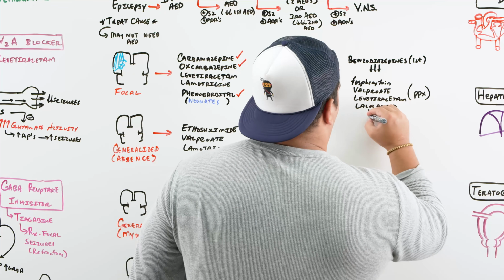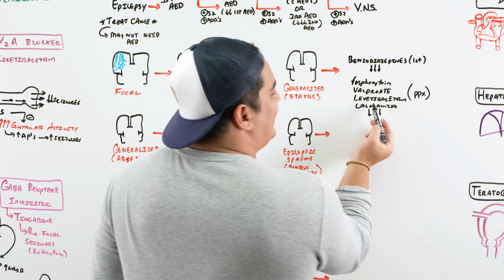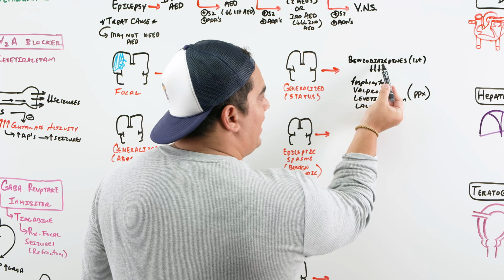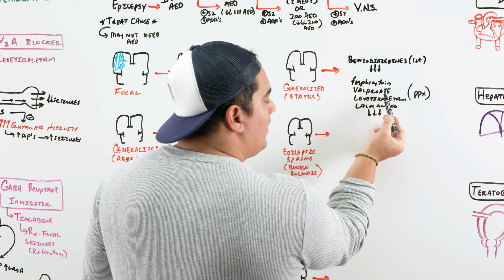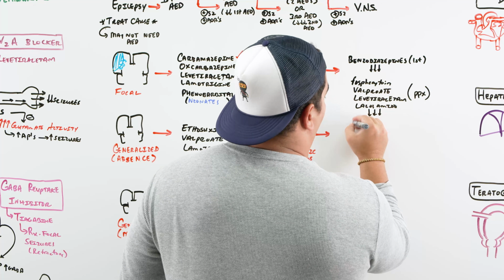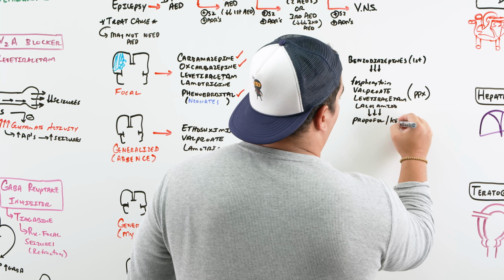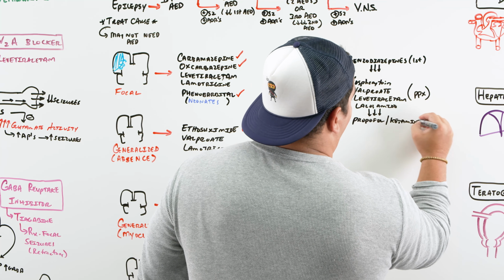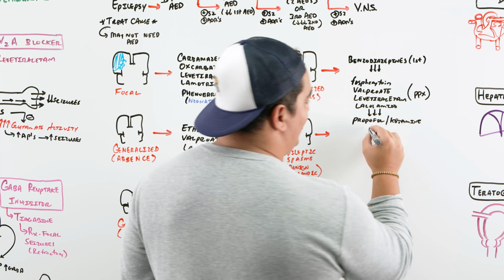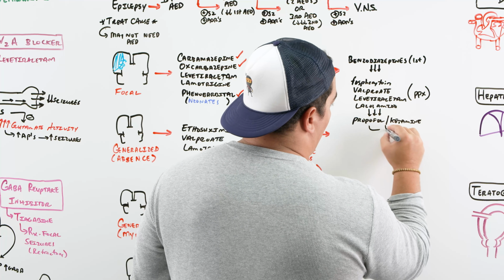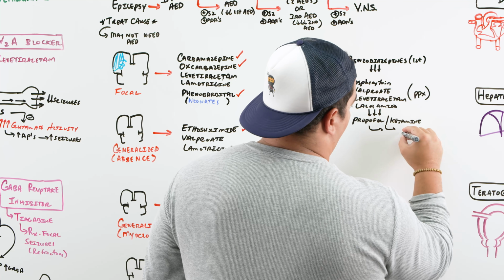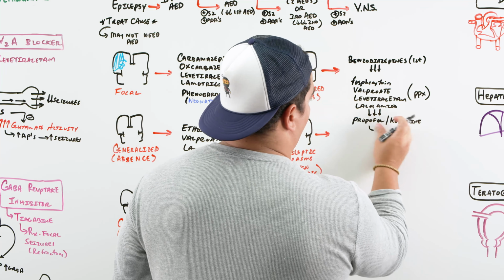Then from there, if a patient still has seizures, they're still in status despite benzos and one of these agents, then oftentimes we do something like propofol or ketamine. And then if they still are having seizures, we move to the last line, which is going to be barbiturates.